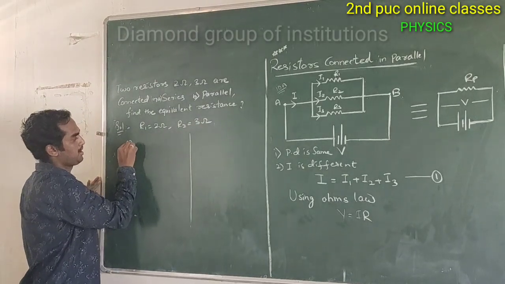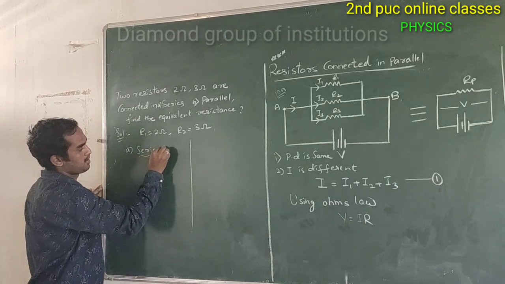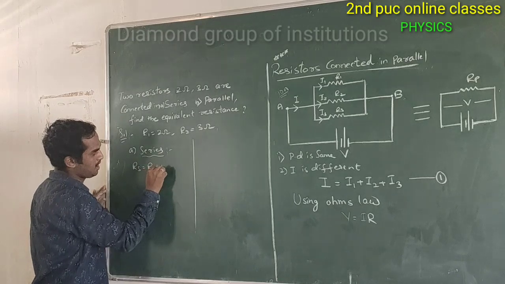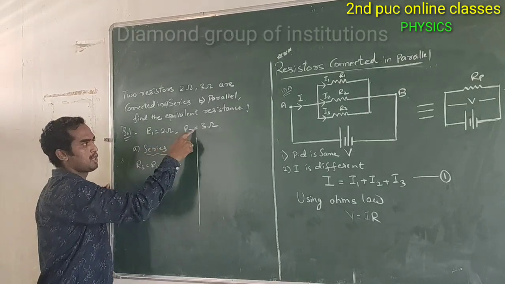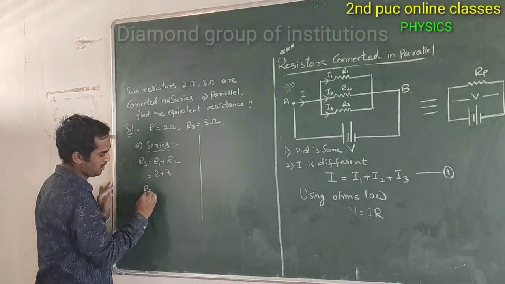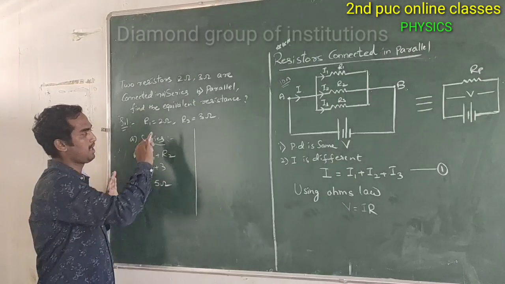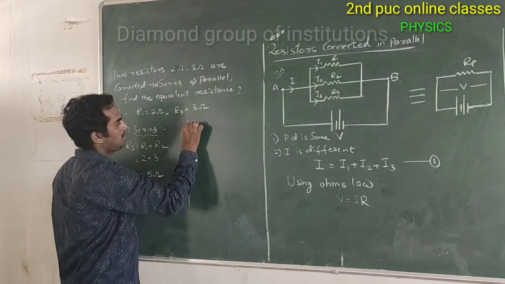What is the first combination? Series combination. So what is the series combination formula? Rs equal to R1 plus R2. What is R1 value? 2 ohm. What is R2 value? 3 ohm. So 2 plus 3. What is the total resistance here? 5. And the same resistors connected in parallel.